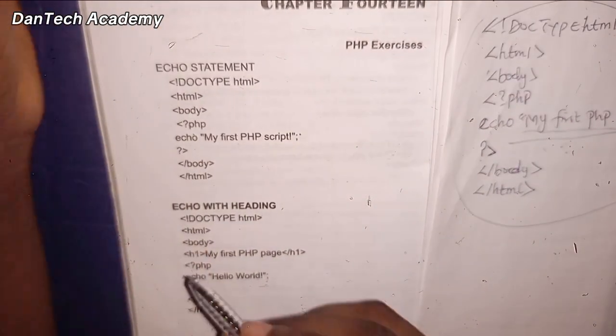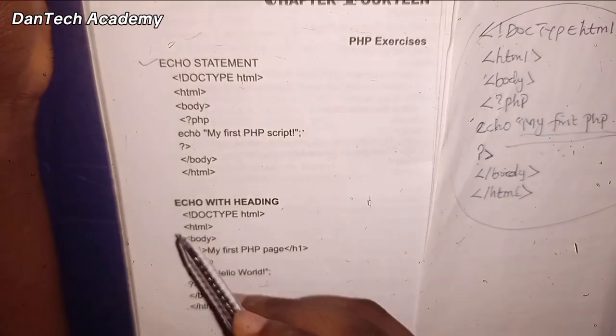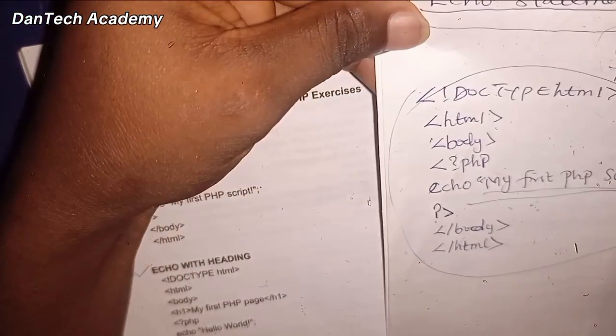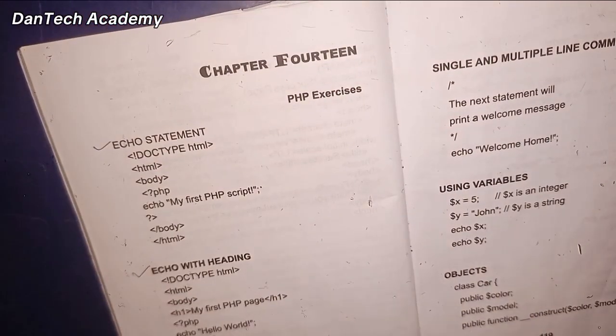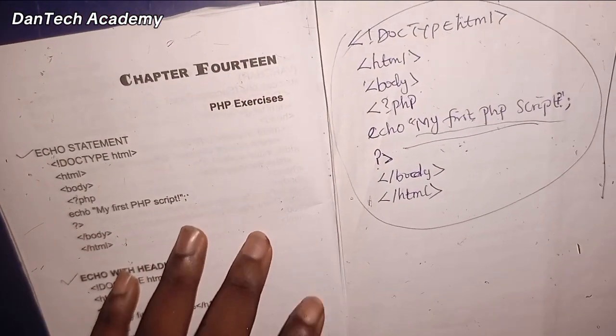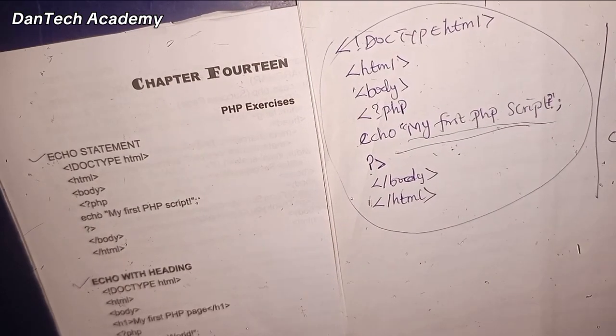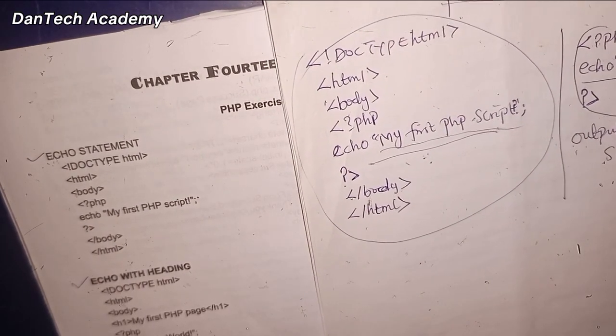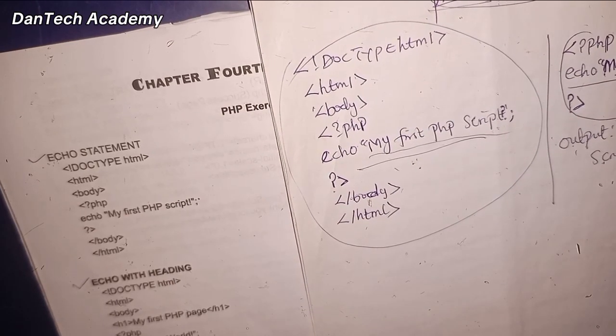The next one says echo with heading. Now this echo comes with the word heading, and that word heading is an HTML tag. The word heading helps to make any word you want very bold or bigger, just to call people's attention.